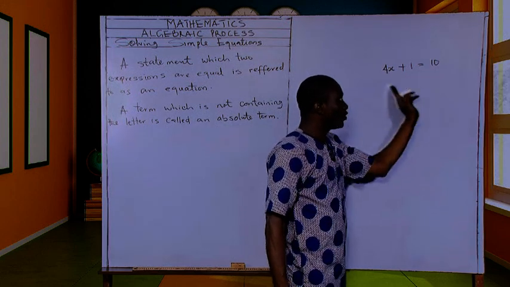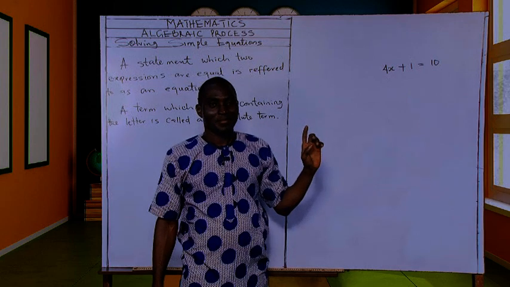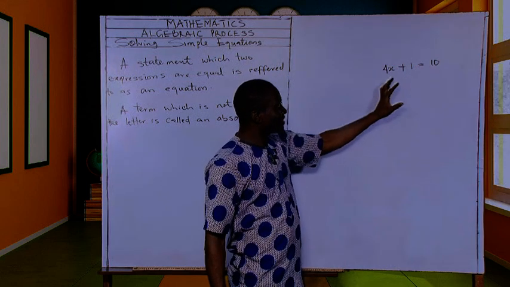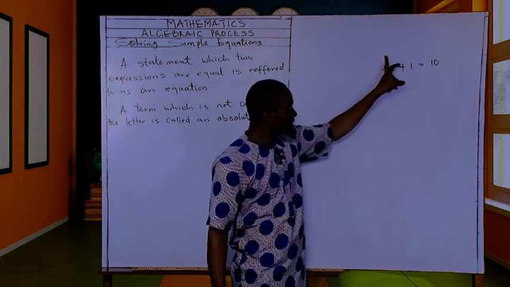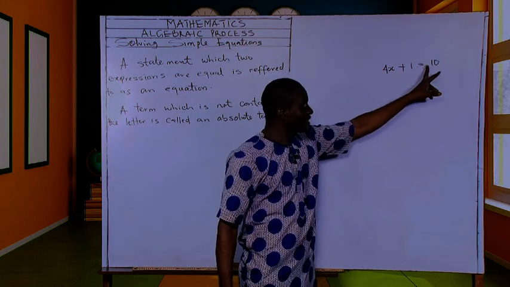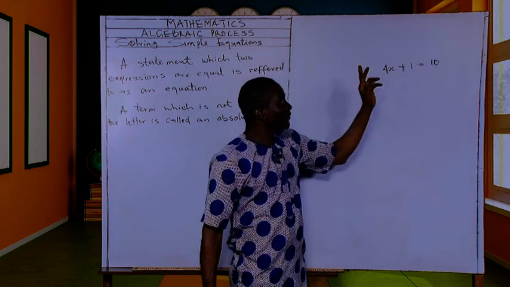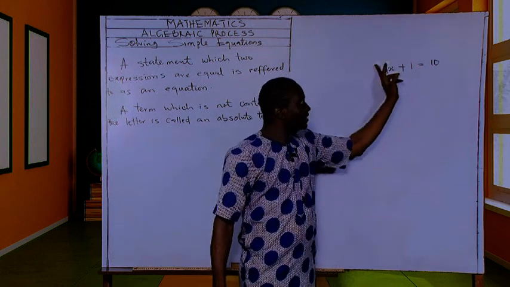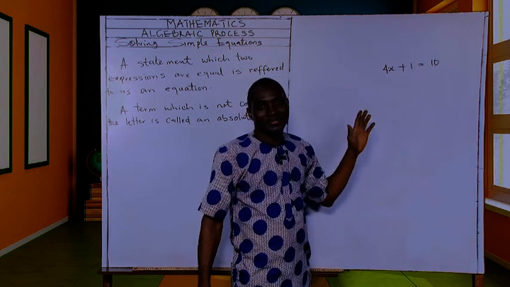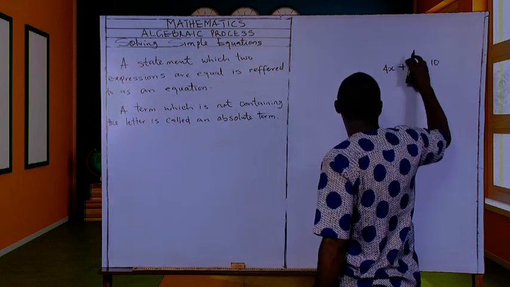Therefore, the whole of it is an equation. I repeat myself: this is a statement that says this expression equals this expression. Therefore, the whole statement is an example of an equation.